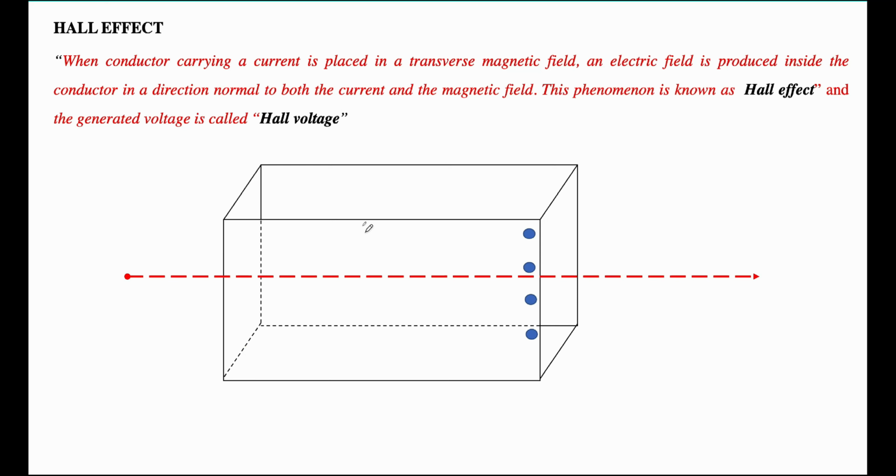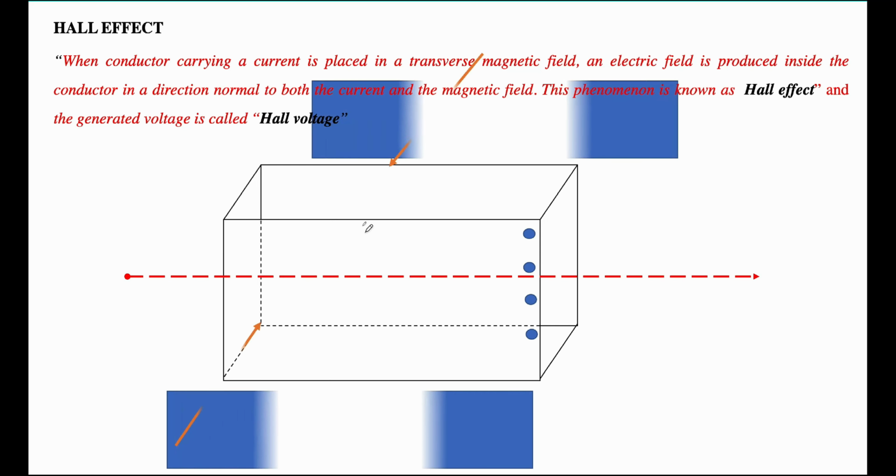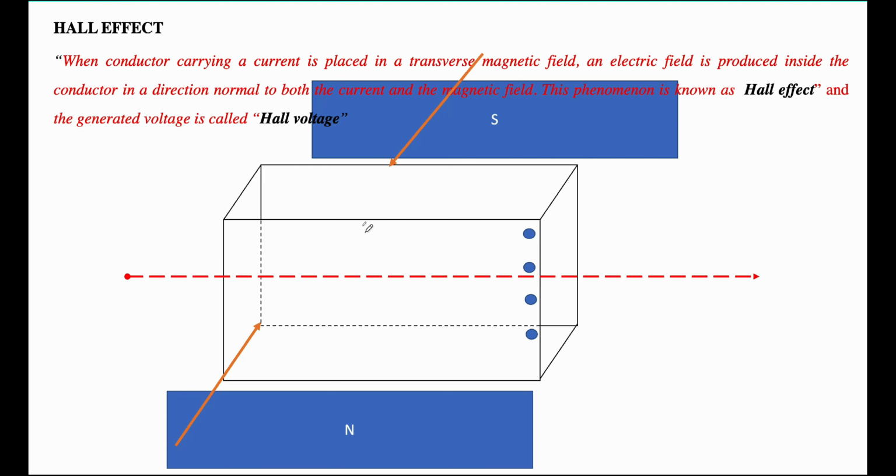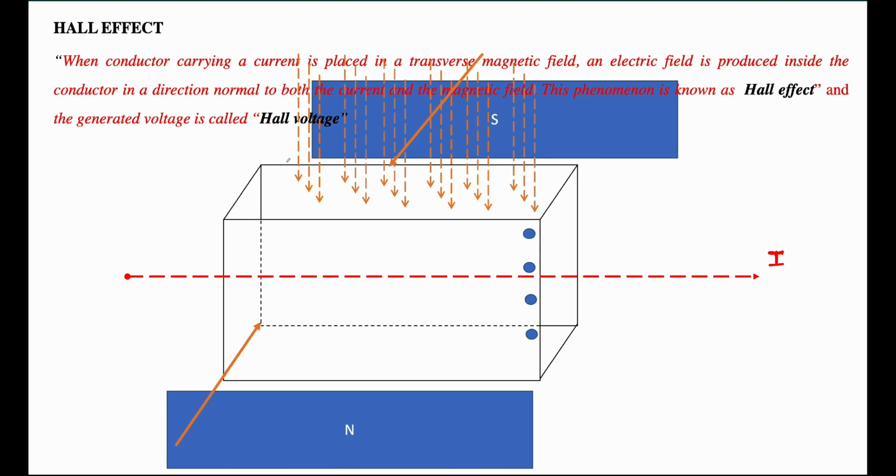But when we apply the transverse magnetic field to the N-type semiconductor, because of the magnetic field along with the current, the Lorentz force will be applied toward the surface on this side.